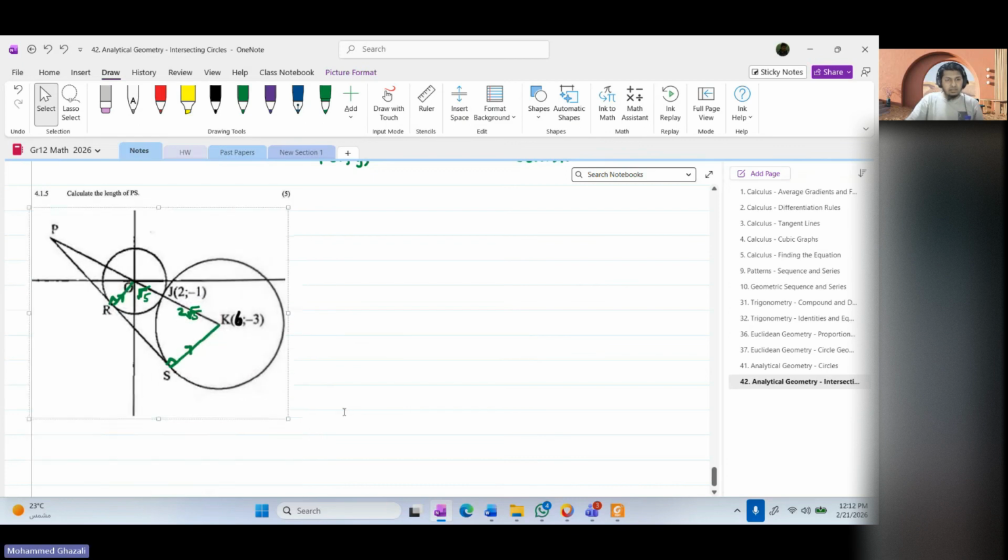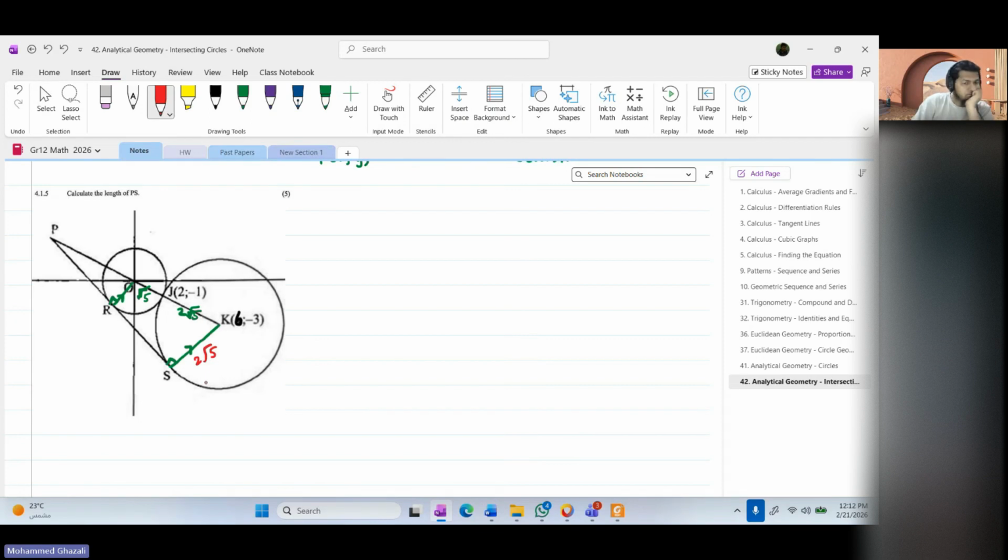Now, how are we going to find the distance PS? All right, guys, so we got 2 root 5 here, and we got 2 root 5 here as well.